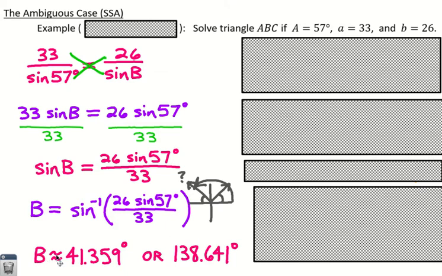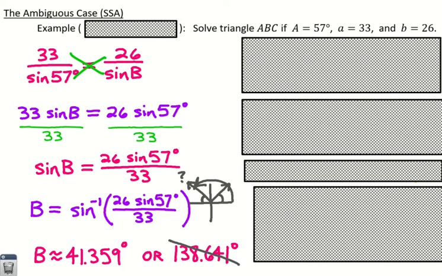Could angle B be 41.359 degrees? Yeah, that would make sense. But would this angle make sense? Could our angle B instead be 138.641 degrees approximately? No. It turns out that it's actually not.